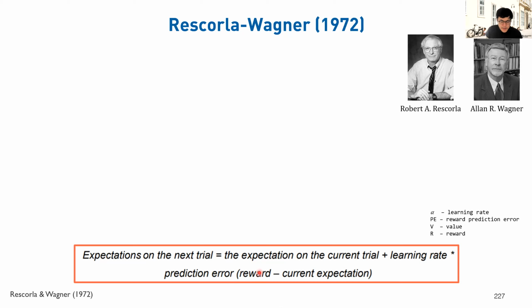If your prediction is close to the reward, then you have a small prediction error, because your prediction is already nearly the same as the reward. But if your prediction is quite far from the reward, then you have a large prediction error. So your prediction is not good. It doesn't match the actual outcome.